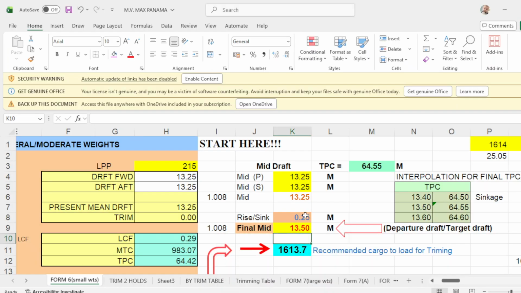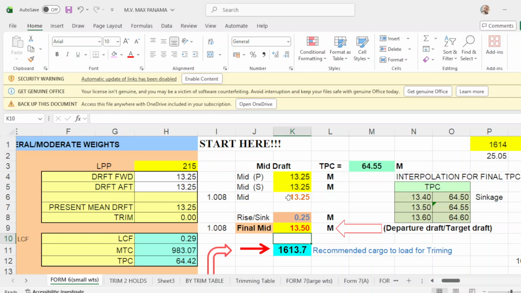Okay, take note, your initial drop is 13.25 and your density is 1.008, which is your mid of 13.25.